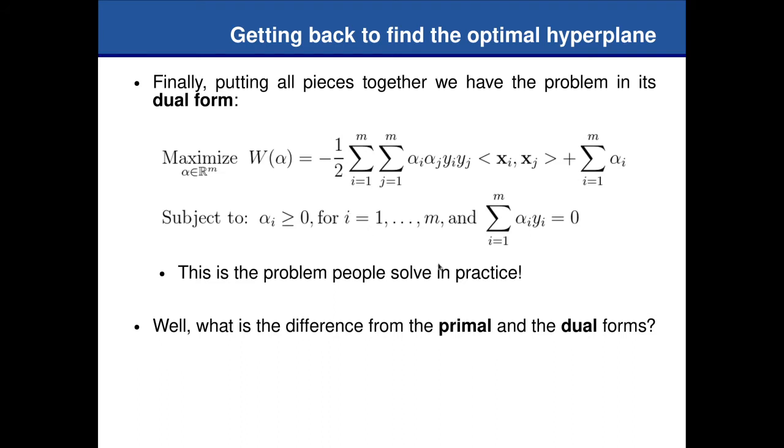What is interesting? Just imagine this. I want you to close your eyes and think. In the primal problem, I had a minimization problem in terms of W, b, and alphas. So my space had a bunch of x's.